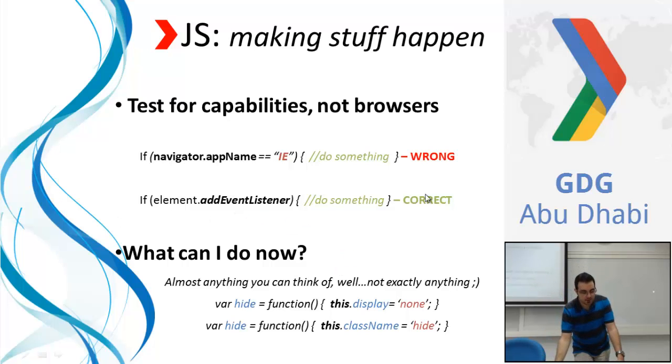Like here, if navigator.appName is equal to IE, you can do that, but it's wrong because sometimes you have an event or a function that wasn't available in IE, then it was. Or you have a lot of browsers, so you don't have to go specifically for each one. Simply, you can test for the functionality itself, whether it's available in the browser or not.